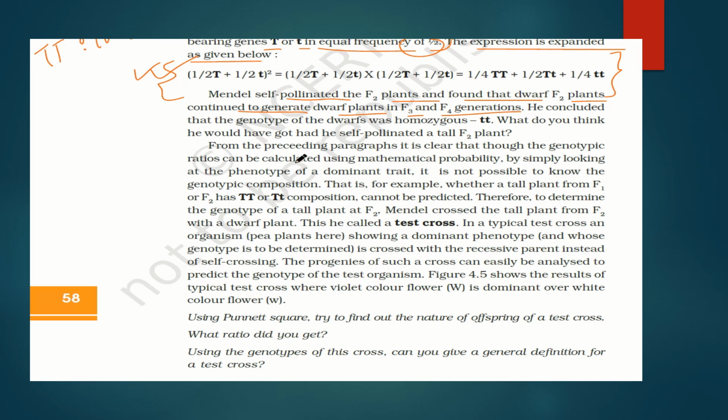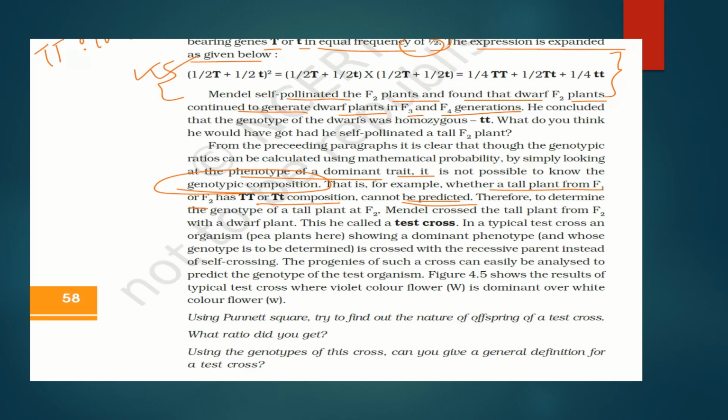By simply looking at the phenotype of the dominant trait, it is not at all possible to know the genotypic composition of those plants. So, for example, when a tall plant from F1 generation or F2 generation is seen, the composition cannot be predicted, whether it is genotypically homozygous or heterozygous.